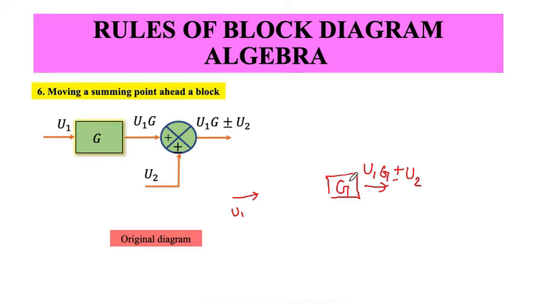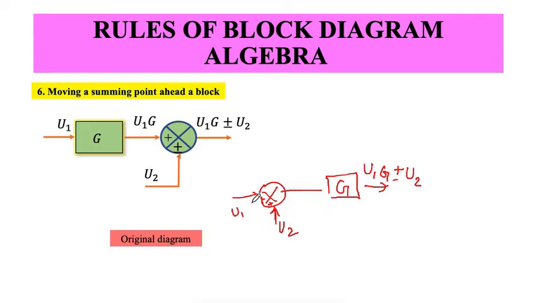So let us have g here, and then I move the summation point here, and then I connect it with a positive sign. Say I just directly connect this to u2 without making any change. So what am I left with?